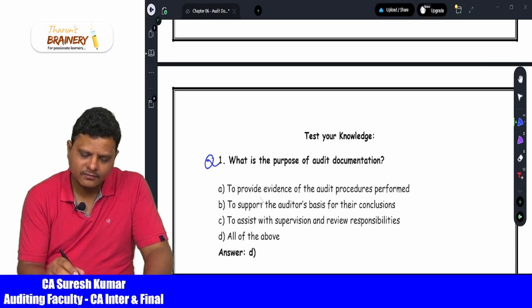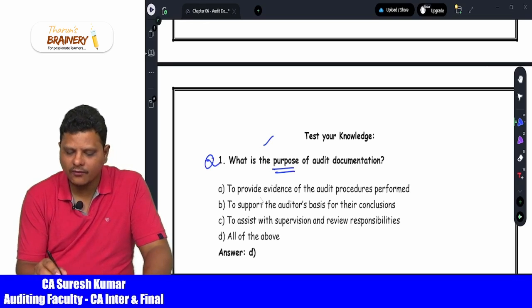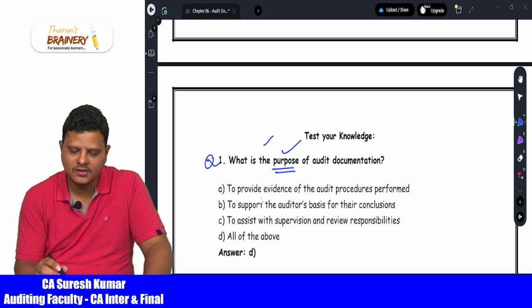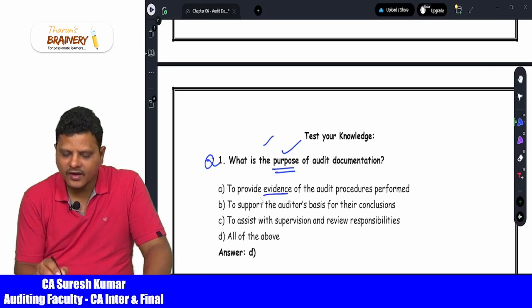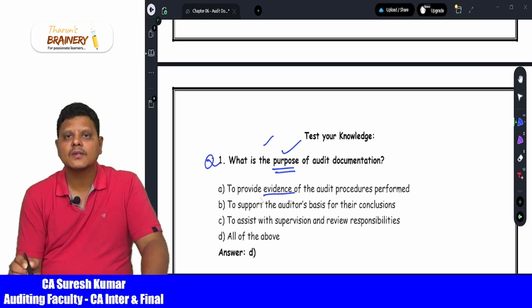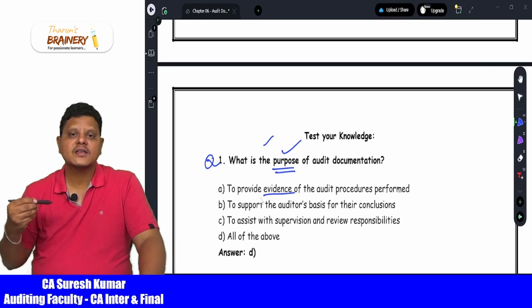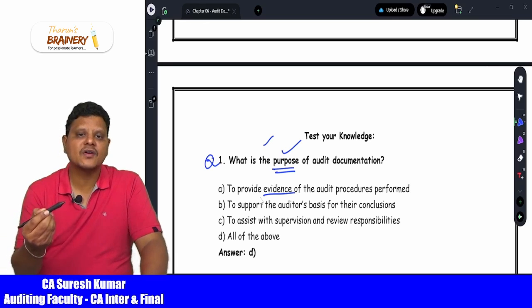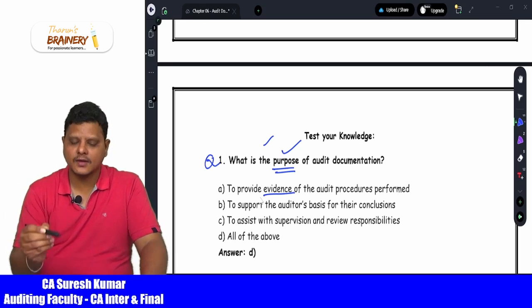Question number 1. What is the purpose of audit documentation? Option A: it provides evidence of audit procedures. That means in case of any negligence claim brought against the auditor, it can act as evidence that the auditor has really performed the work.